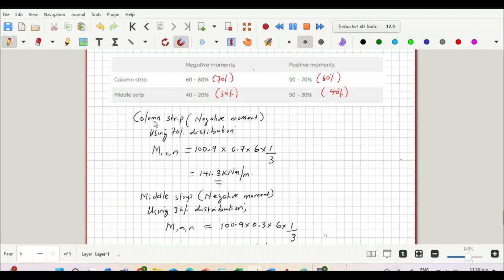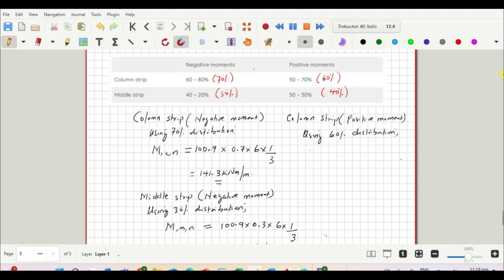So let us continue now and do the positive moments. Again, we'll consider the column strip, but this time we'll be doing the positive moment, and then the middle strip will do the positive moment. Column strip and positive moment, and we'll be using 60% distribution.